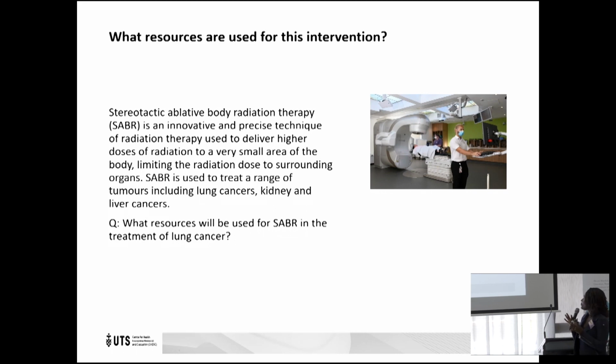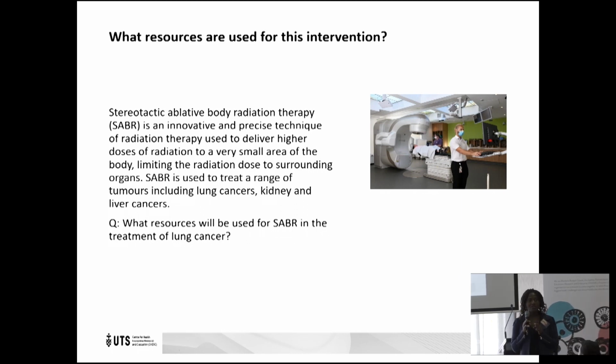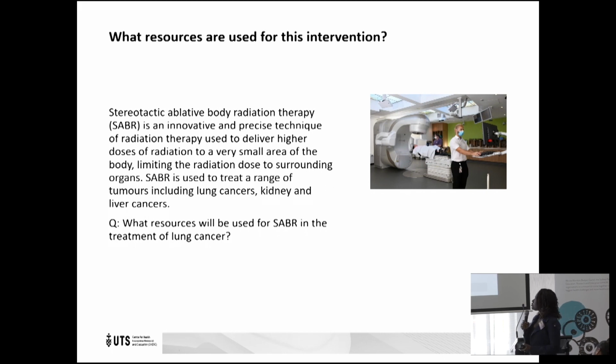It uses precision to deliver radiation therapy to a particular part of the body. Because it's very precise, you avoid the spread of radiation to other areas of the body that you don't intend to radiate. It's been used to treat a range of cancers, including lung, liver, and kidney cancers. So you want to be so precise. It's not like you put a person in and everywhere gets radiated.